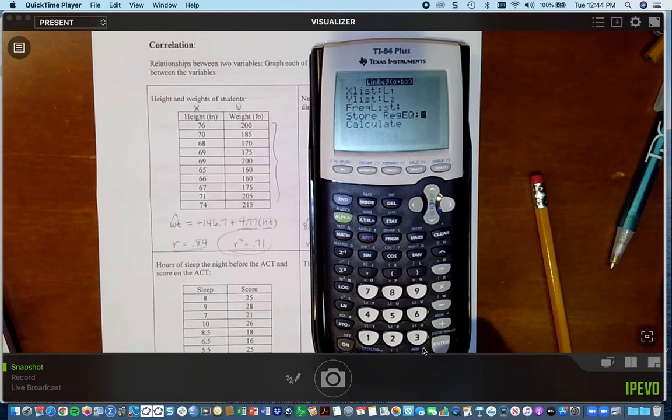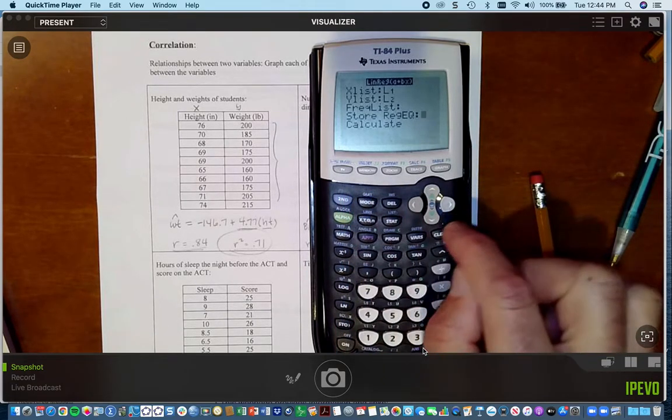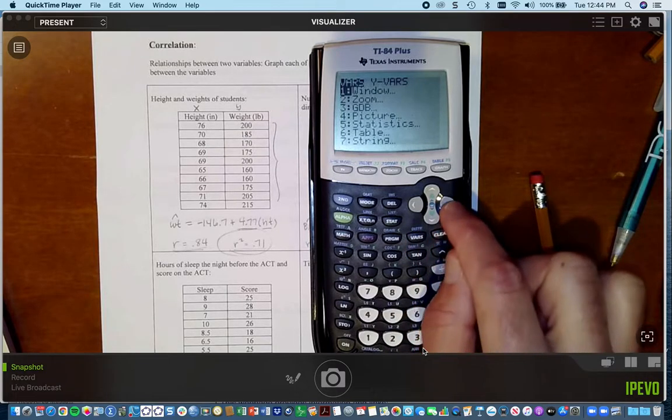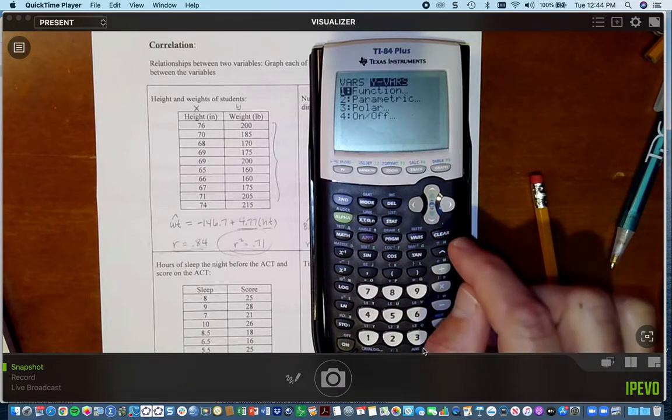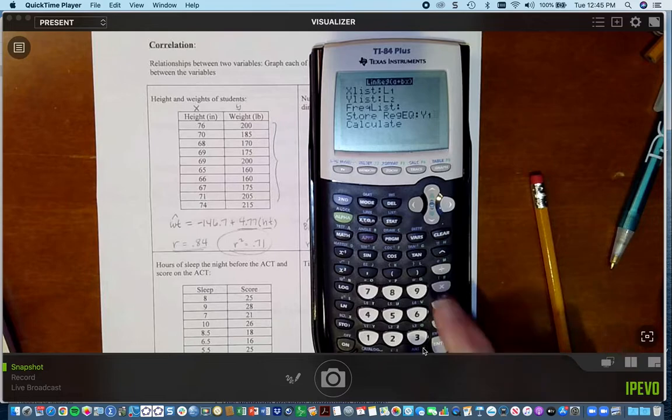I suppose if it's asking you for this prompt, you probably have the newer operating system. But I can also get Y1 there by going to vars, Y-vars, function, and then choose Y1 there. Okay, and then calculate.